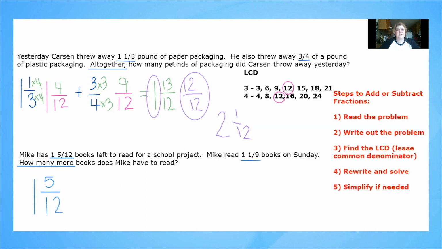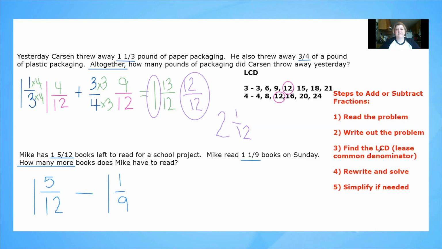That's how much they said he has to read for his project. But he has already read, so we're going to take away what he already read, and he already read 1 and 1/9. So our problem now is going to be 1 5/12 minus 1 1/9.